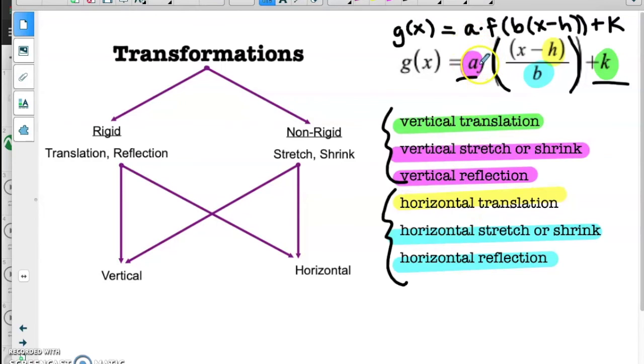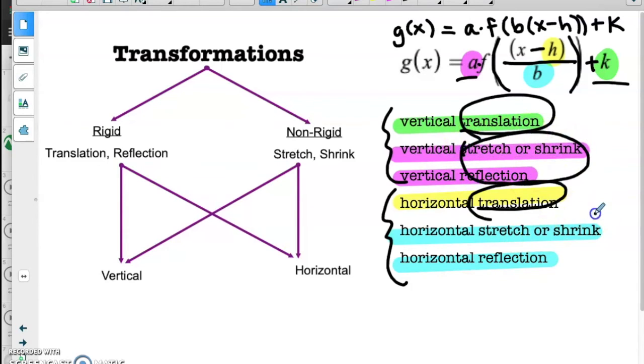Also, I hope that you see that any addition or subtraction affects the change with a translation, versus any multiplication or division affects it as a stretch, shrink, or reflection. Those are the big ideas and generalizations that I hope that you see through these explorations with the Desmos graph.